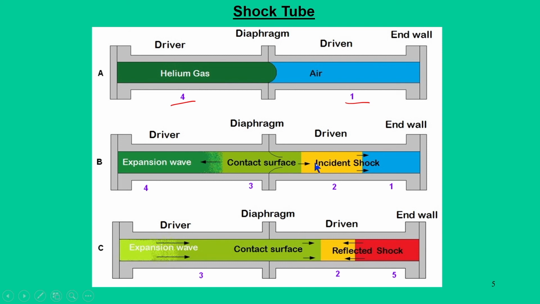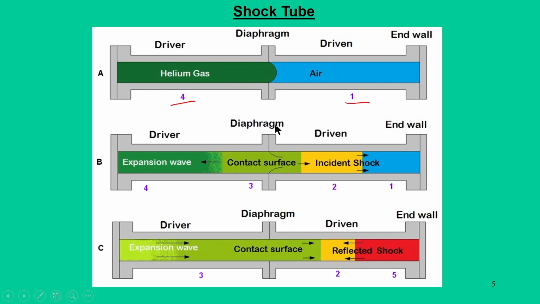Color gets changed means those regions the shock wave has covered get yellow, which means the gas which was in the driven section gets exposed to the shock wave, thereby its pressure and temperature also shoot up.